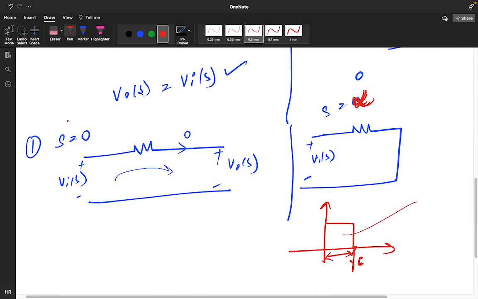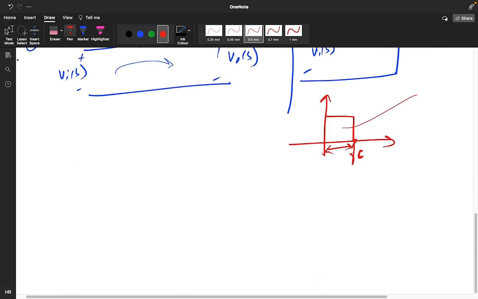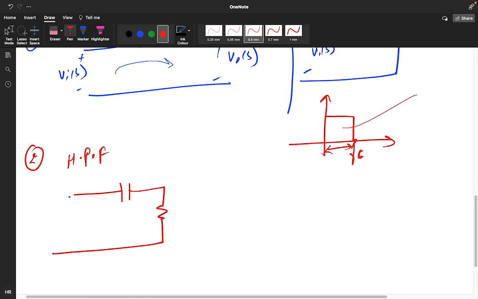Yes, sir. Now if you go for the high pass filter, second is your high pass filter. For the high pass filter, the capacitor and resistor positions will get interchanged. This will be Vi of S and this will be your plus minus V naught of S. This is your R, and in the Laplace domain only, 1 by Cs.